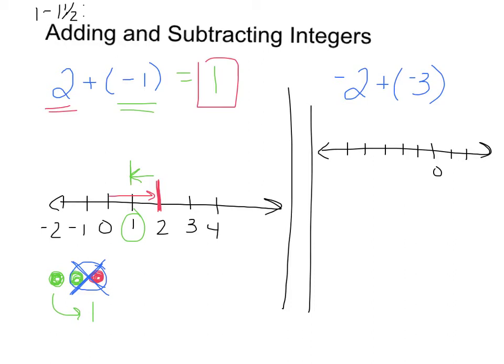I start with the negative 2. Okay, so I'm going to start at 0. I'm going to go to the left to negative 2. So I've taken care of that. But to that value, I'm going to add a negative 3. Well, if I'm here and I need to go 3 more to the left, that'll bring me to negative 5.